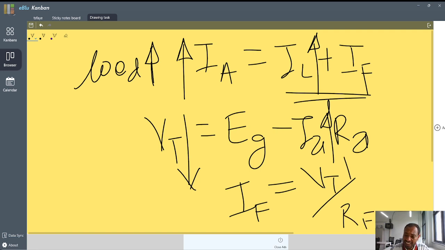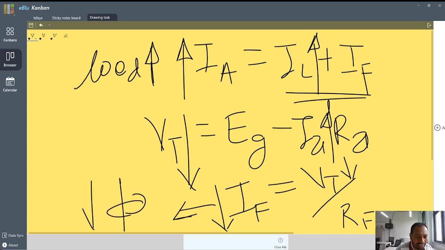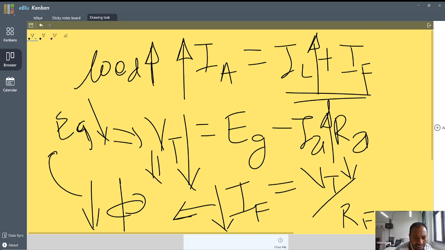Now VT decreased means IF gets decreased. If IF gets decreased, obviously the flux inside the machine will decrease. Flux decreasing means EG will decrease. EG decreasing again leads to further decrement of VT.